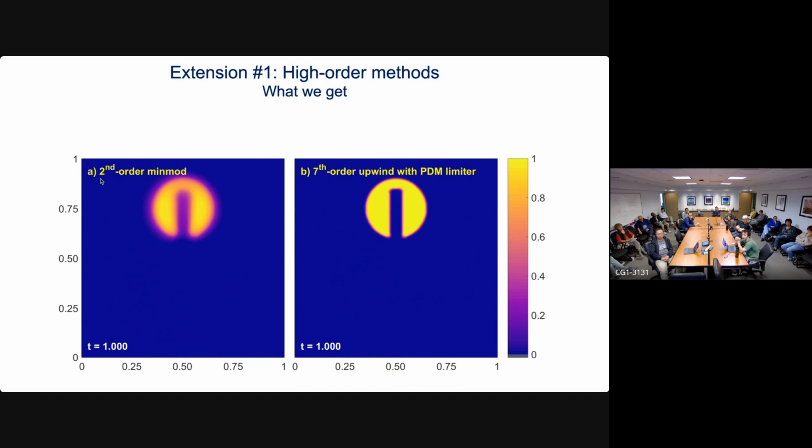But for the method we are using, the shape will also be smeared over time because the numerical diffusion is always there. Yeah, but relatively the improvement is large, even though the diffusion is there.